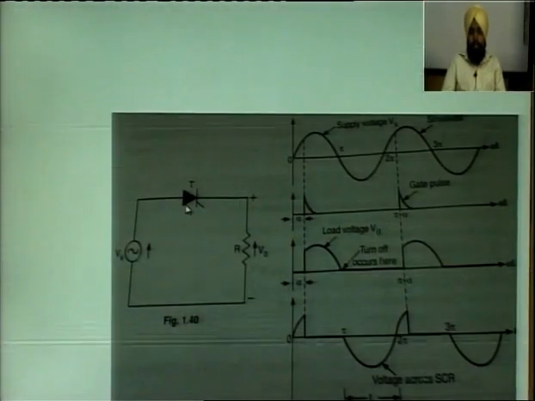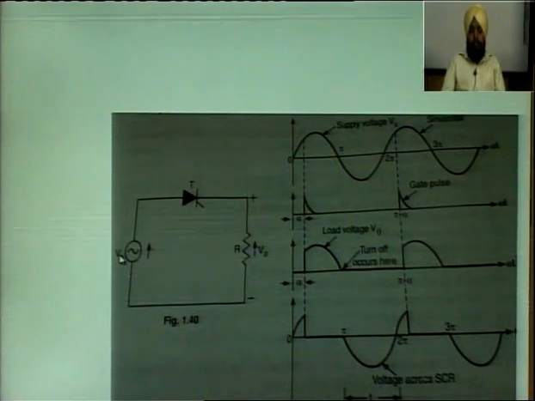In natural commutation, here is the AC supply, thyristor and load. During the positive cycle, the thyristor is forward biased. When we apply the gate pulse, this SCR will start conducting.